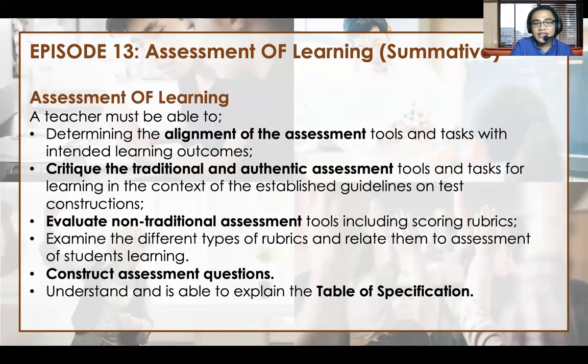Okay. Next is examine different types of rubrics and relate them to the assessment of students' learning. And of course, construct assessment questions. If you're constructing assessment questions, make sure, of course, to understand the table of specification. It's not encouraged that all the questions or all the activities in your summative assessment are all HOTS.